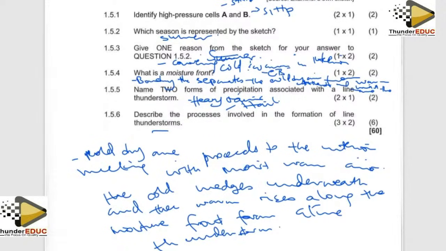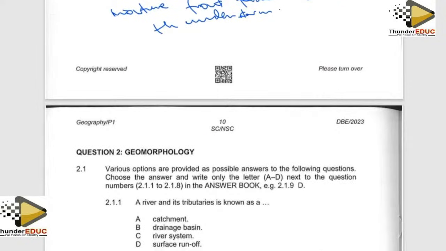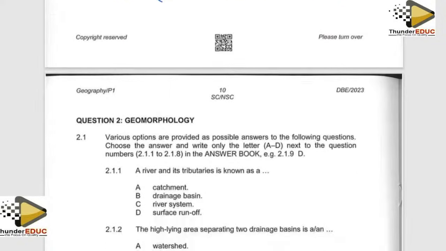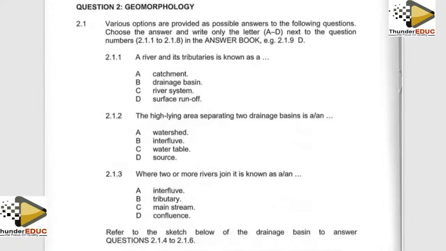Which comes with lightning and all that, with a line of clouds that forms on the eastern side of the thunderstorm. Okay, we go to question 2.